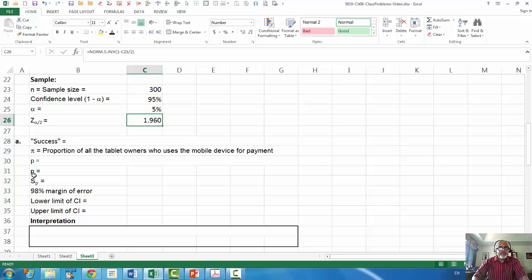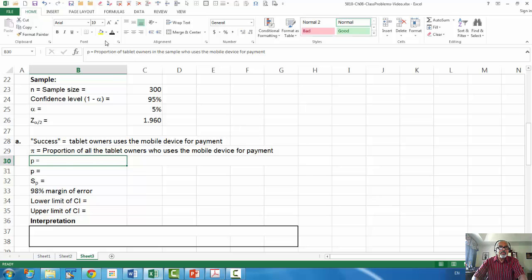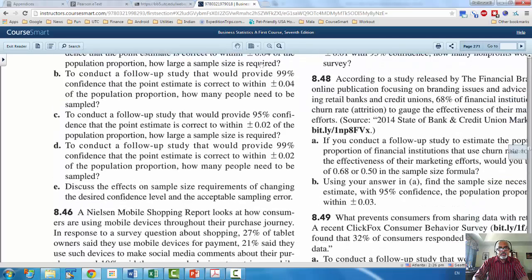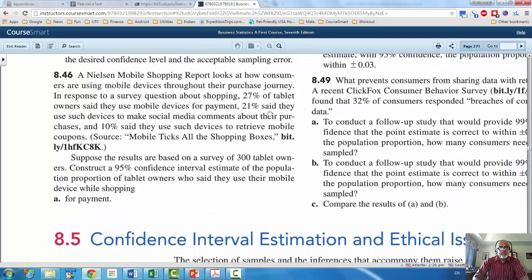Now for part A, we look at tablet owners who use the mobile device for payment. So success here is mobile device used for payment. Pi is the proportion of tablet owners in the population who use the mobile device for payment, and p here is the sample proportion, 27%.